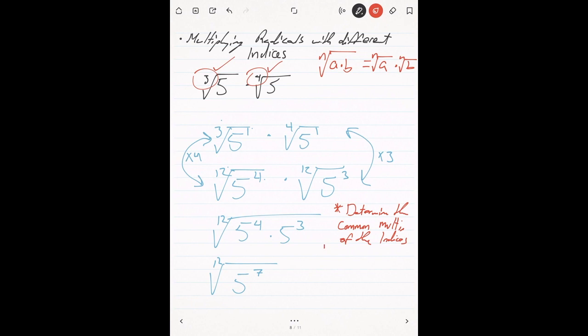Then what you're going to do is raise the radicand to an exponent and change the index to be in the same proportion.